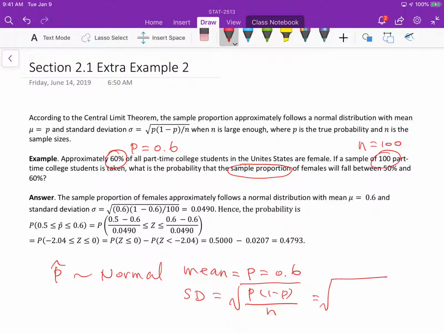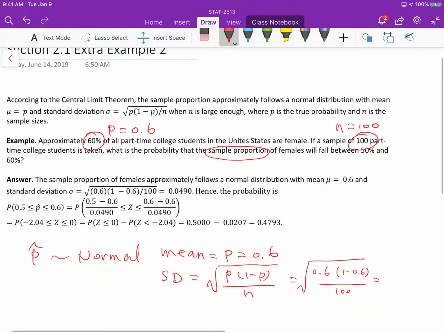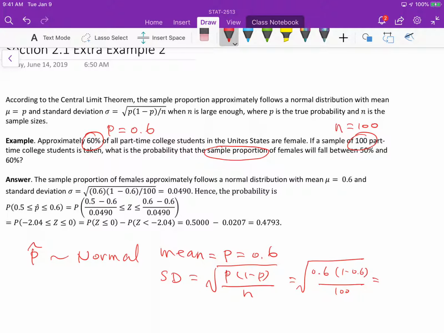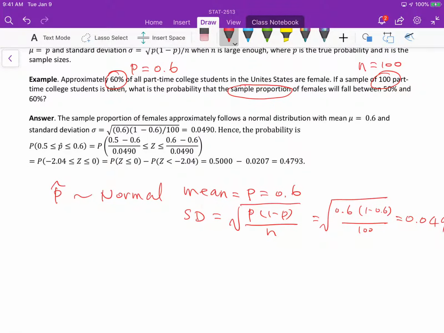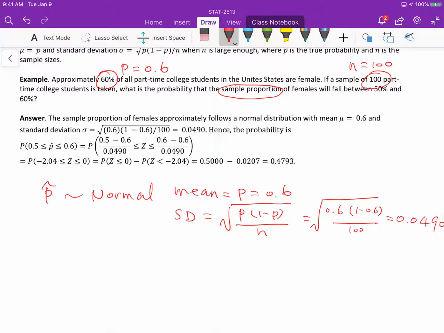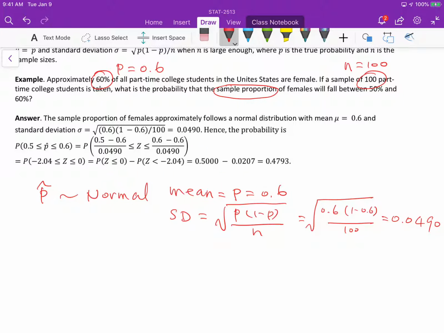Then we can do the math: 0.6 times 1 minus 0.6 over 100. Do the math and you will get the standard deviation equal to 0.0490.